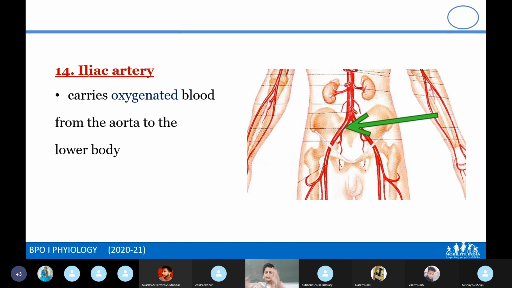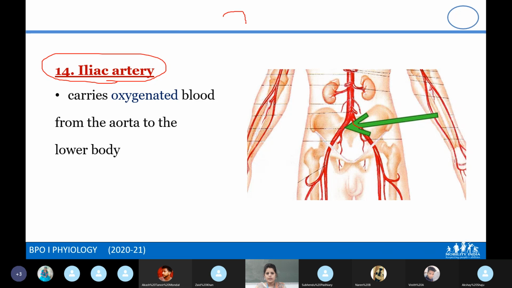Next, when you go further down from the kidney, that part is supplied by the iliac artery. This branch is called the iliac artery.